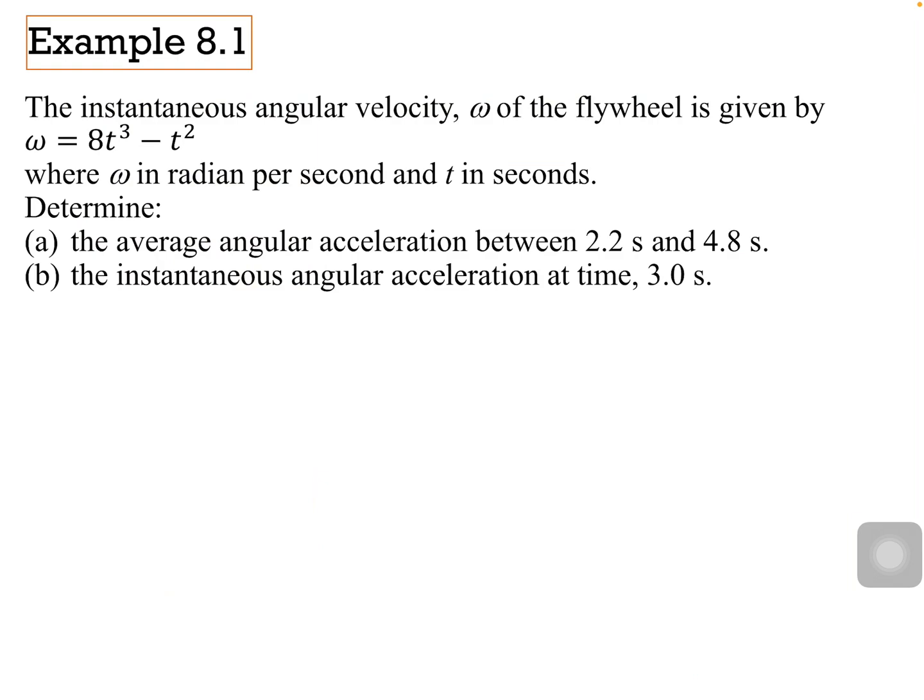Okay, you are given the equation for omega. Find the average angular acceleration between 2.2 seconds and 4.8 seconds. As I said, kalau dia bagi range of time, 2 times, then you need to calculate the average value. So first, average angular acceleration adalah sama dengan omega final minus omega initial divided by the range of time.